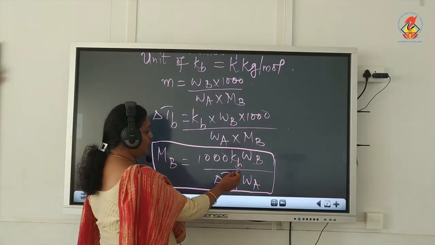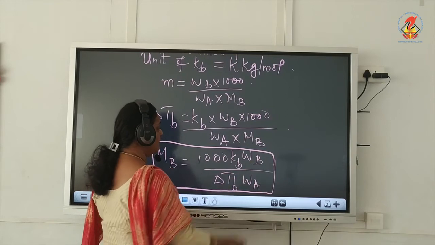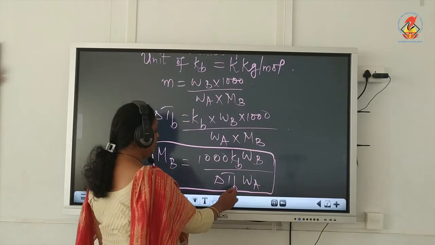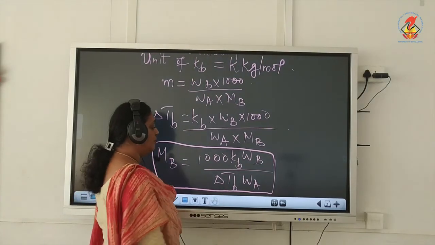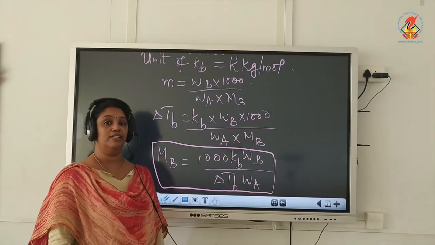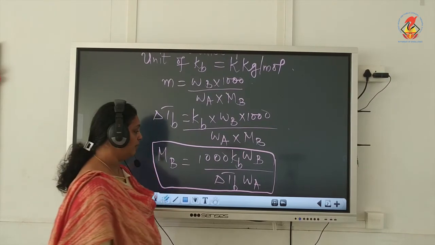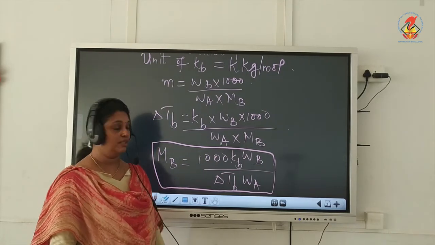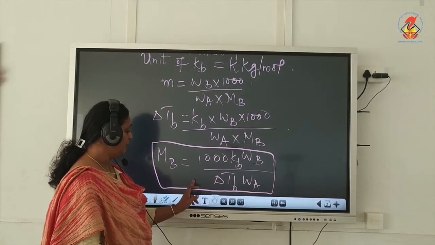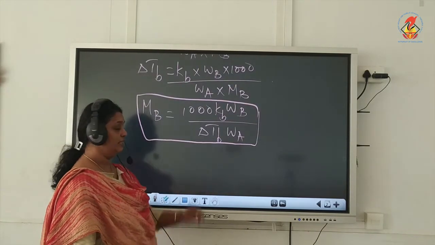Kb is the molal elevation constant and its value will be given to you in the question. Wb is the mass of solute. Delta TB is the elevation in boiling point, equal to TB minus T0B, that is boiling point of solution minus boiling point of pure solvent, and Wa is the mass of solvent.